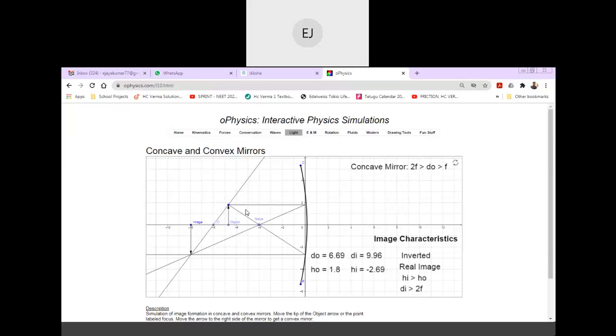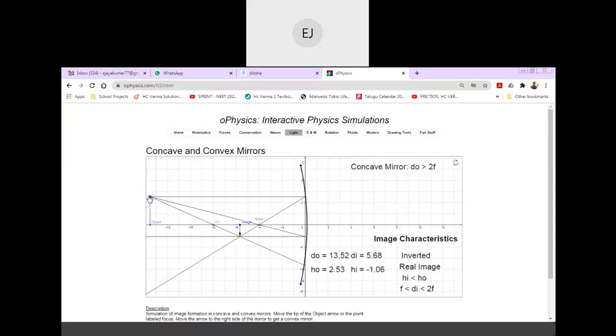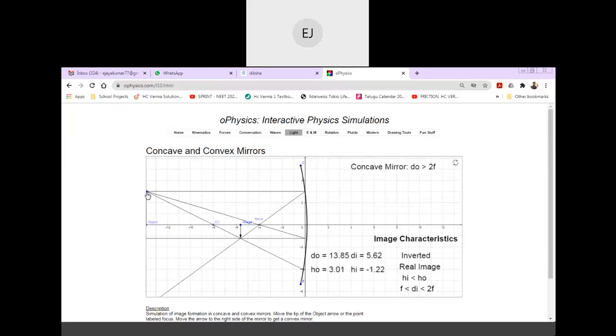So I am taking an object, and I am keeping it beyond the center of curvature. This is the center of curvature, and I am keeping my object here beyond it. You can see that the image is formed in between the center of curvature and focus, and the image is inverted.